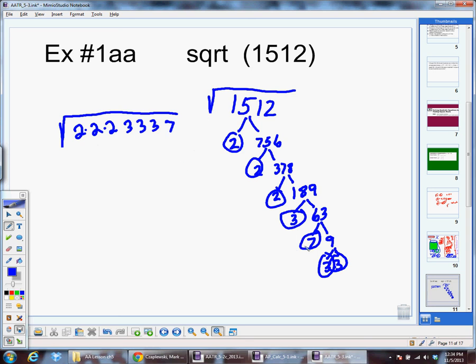These are prime. Can't break down 7. I had a 9, but I broke it down to 3 and 3. Bottom of the tree. Break out of jail. Yay! 2. Yay! 3. No friend, no friend, no friend. They must stay.